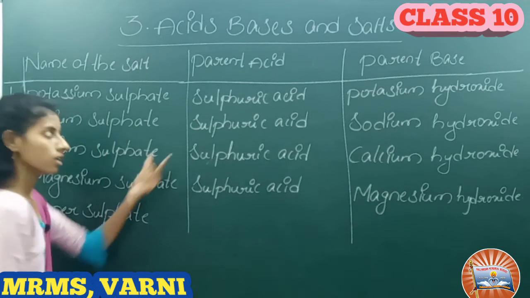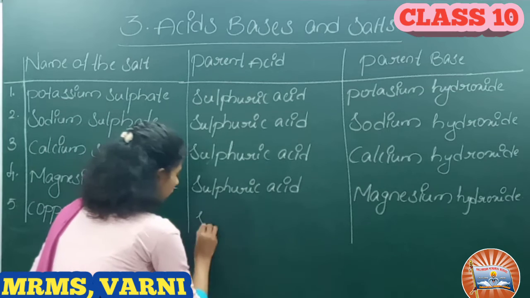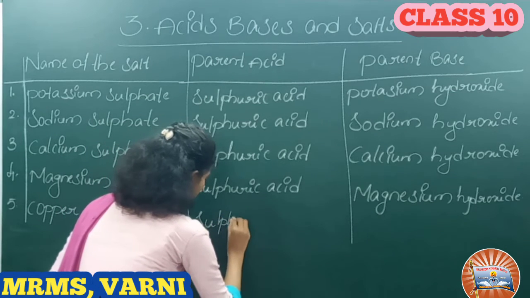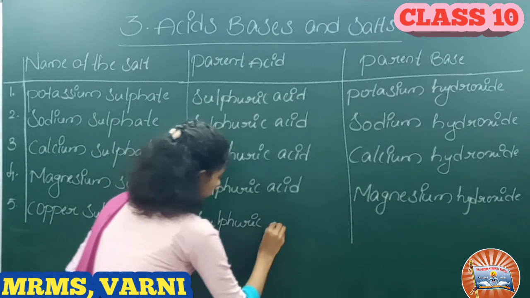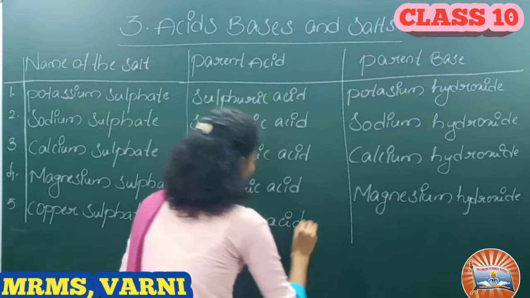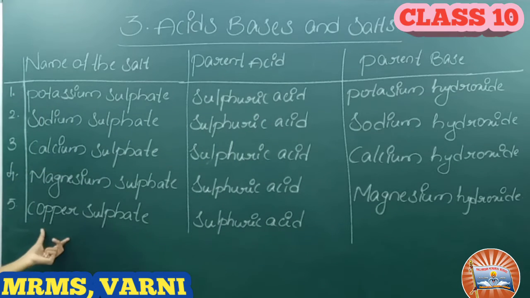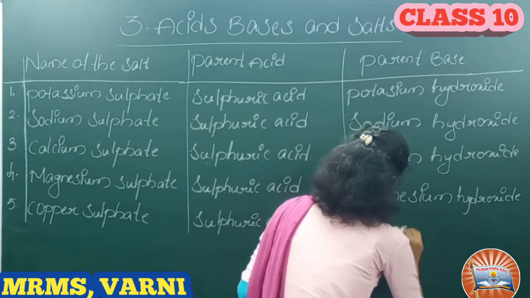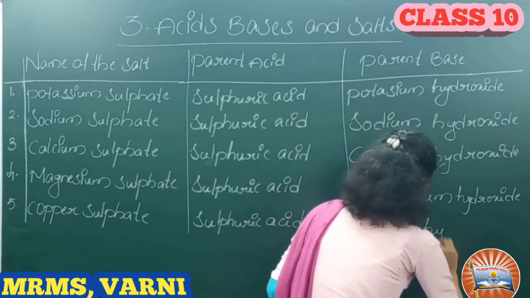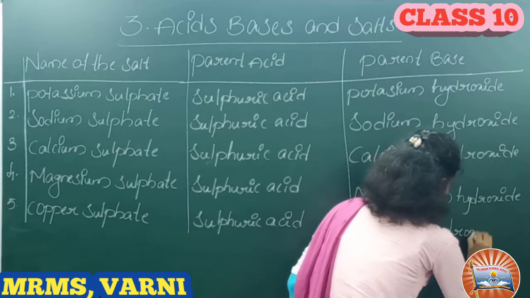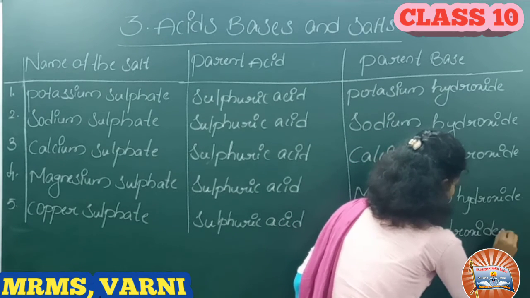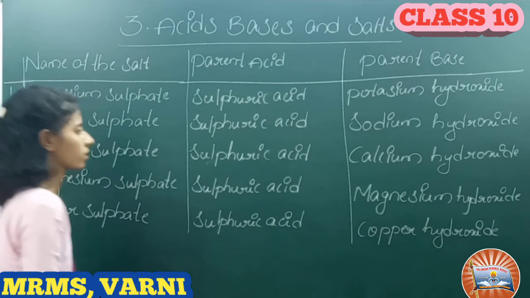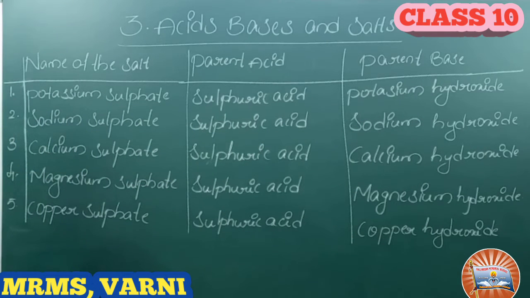So for this the acid is a sulfuric acid and the parent base is a copper hydroxide. Yes, we have some more salts are here.